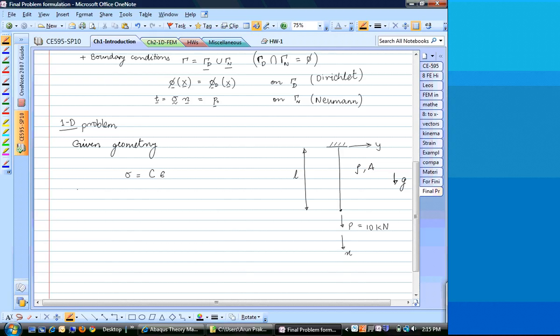So what I'm asking you to do is find u as a function of x, where x is the coordinate. If this is the origin, x starts from here. You need to tell me what u is at each and every point along the bar, such that, what is the equation that I should satisfy?